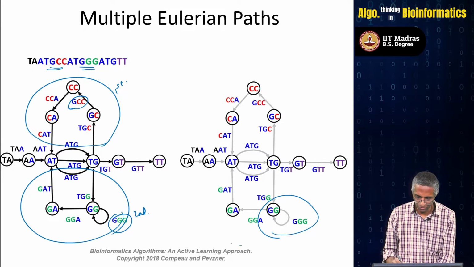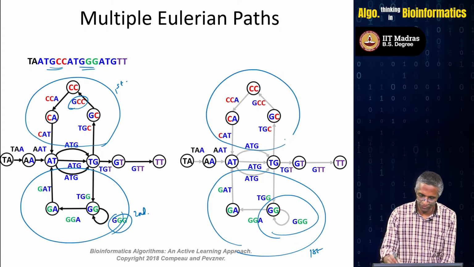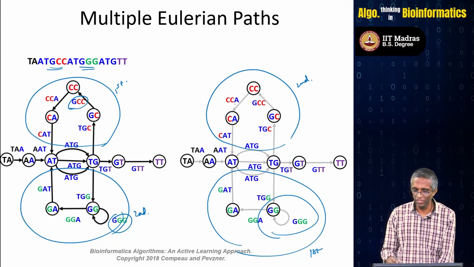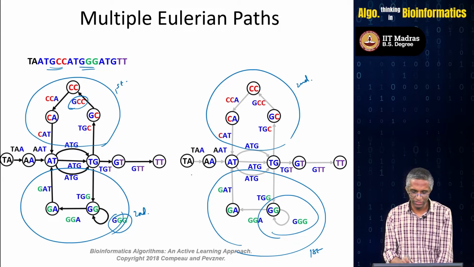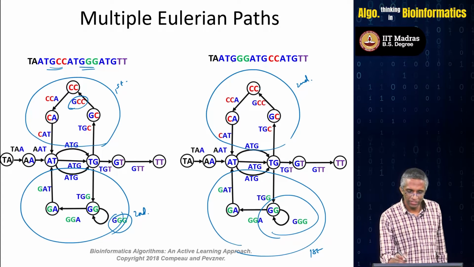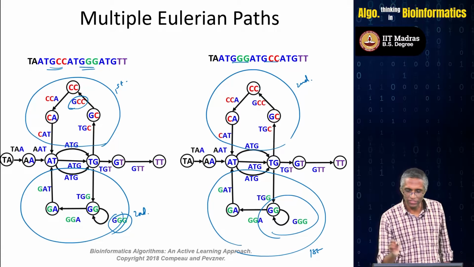But if you visit here first and visit here second, then in your genome GGG will come before GCC, right? So you can see here that it goes into the center, it goes down, it goes up, and then it goes to the right. So you can see here that GGG has come before GCC, right?